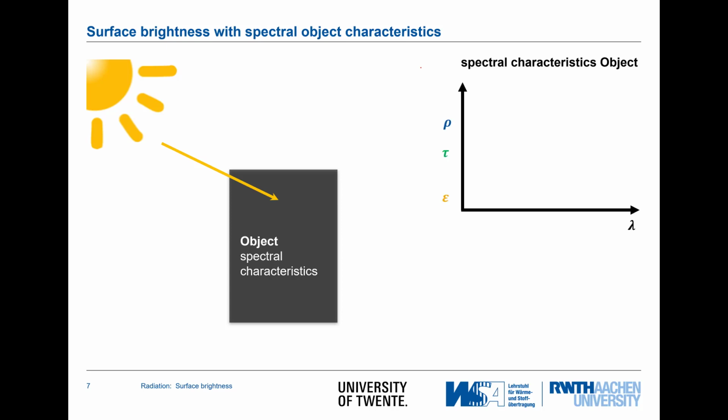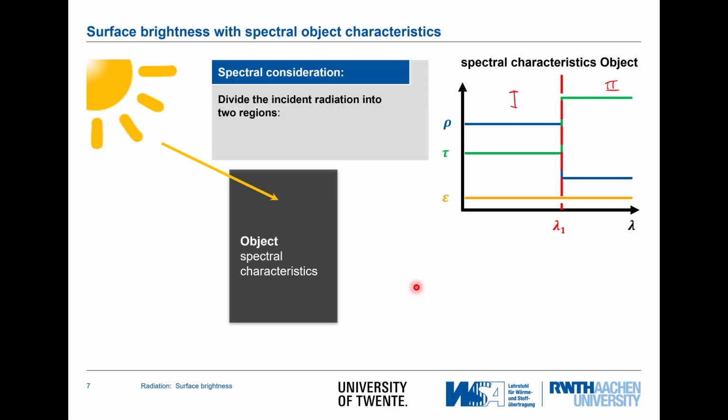Now, if we have specific spectral characteristics, for example, a reflectivity that is showing two levels, or transmissivity the same, and emissivity being constant, in this case it would be a natural choice to make two areas, number 1 and number 2, and look at them independently.